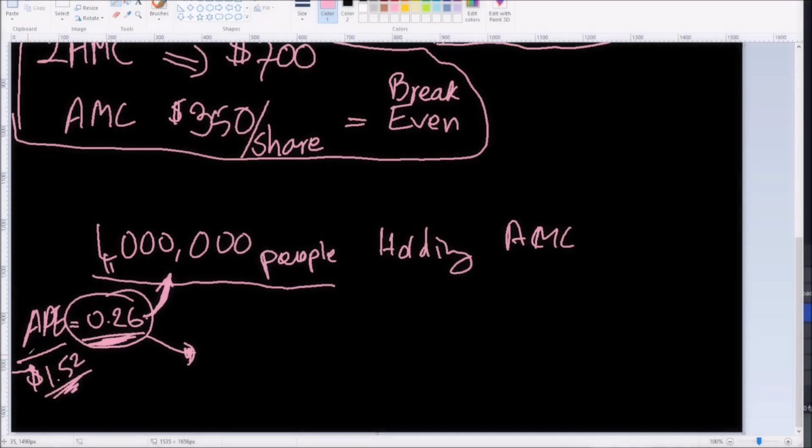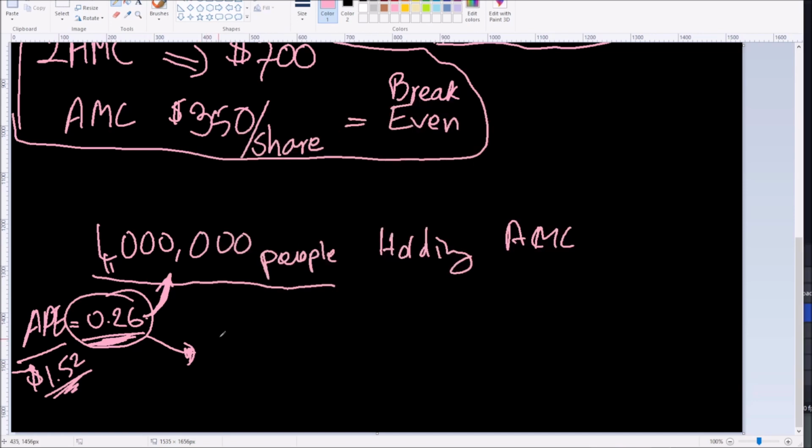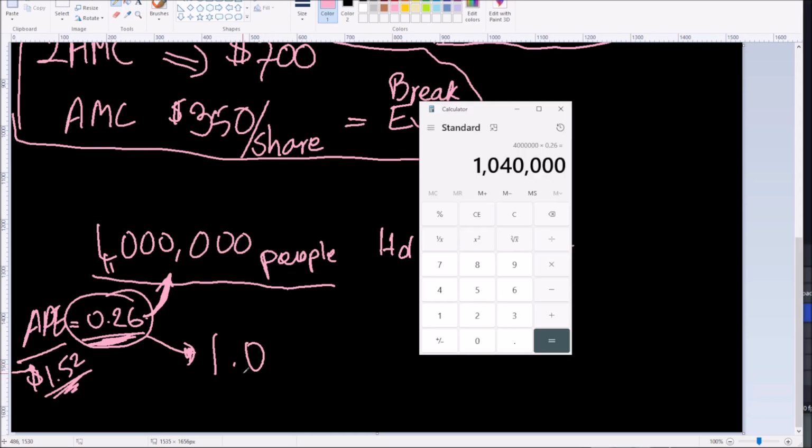So let's do that math real quick. We have 4 million people who have fractions of apes, and I'm assuming the average would be 0.26. Again, this is a made up number, okay? So that would amount to 1,040,000 shares.